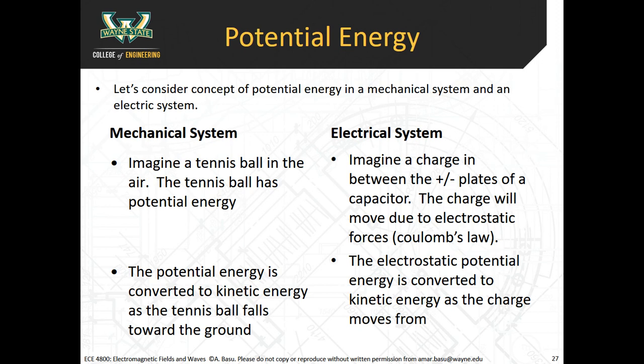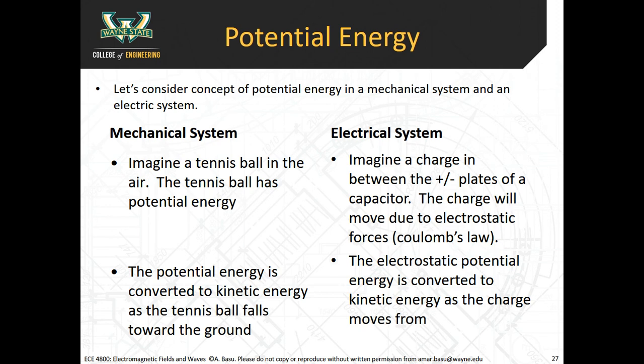In a mechanical system, you guys did this in physics, right? You throw a ball into the air. When you throw a ball into the air, the tennis ball has potential energy. What type of potential energy is that? Because you're dropping the tennis ball, let's say. What is that potential energy due to?